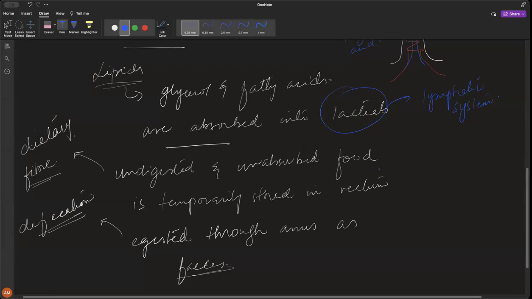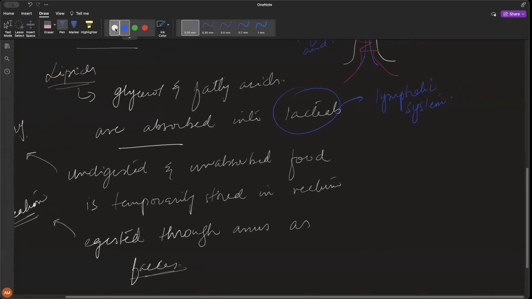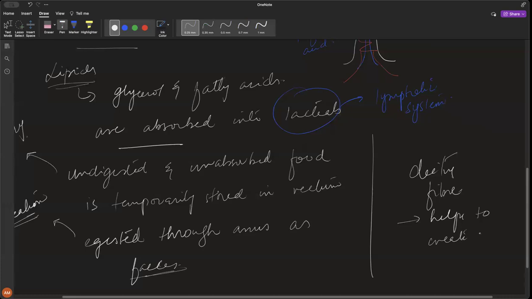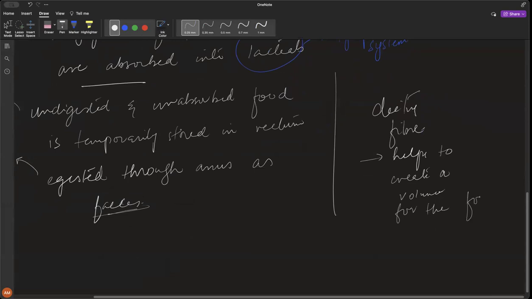So what is the importance of dietary fiber? Basically, dietary fiber helps to create, or you can say retain, a volume for the food moving down the alimentary canal.